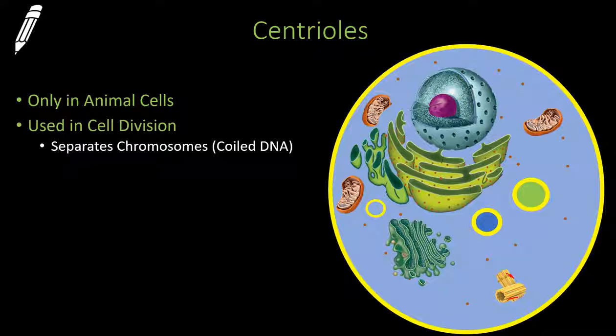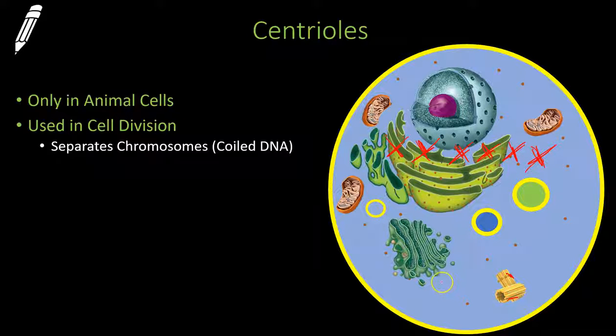Now, what's going to happen when the cell is growing and it's getting ready to split? The DNA is going to consolidate. It's going to condense into these X-like structures called chromosomes. Okay, and we're going to go over this more later. And what the centrioles do is first they're going to replicate.